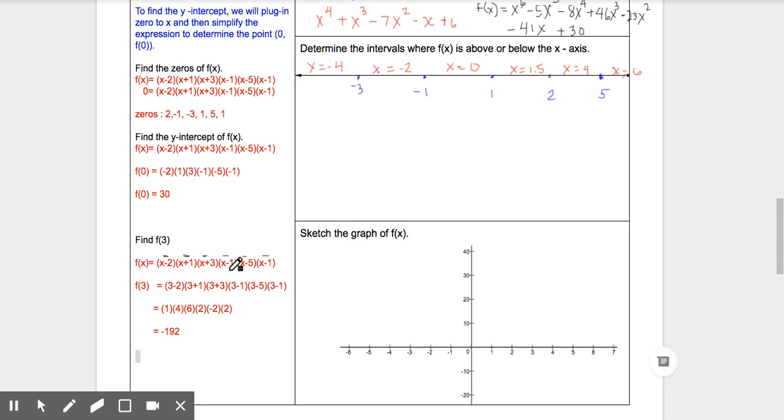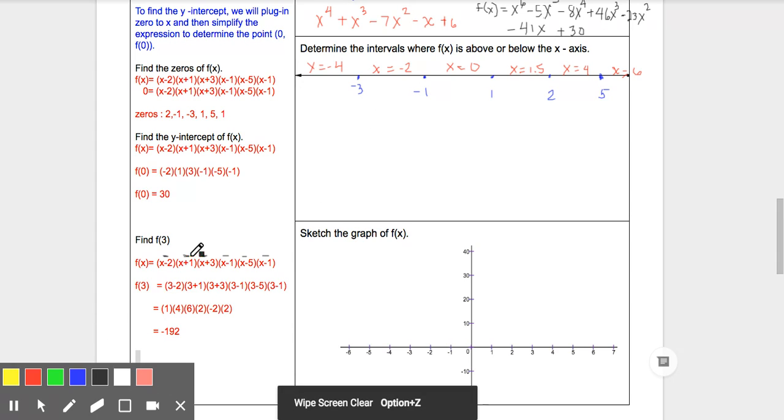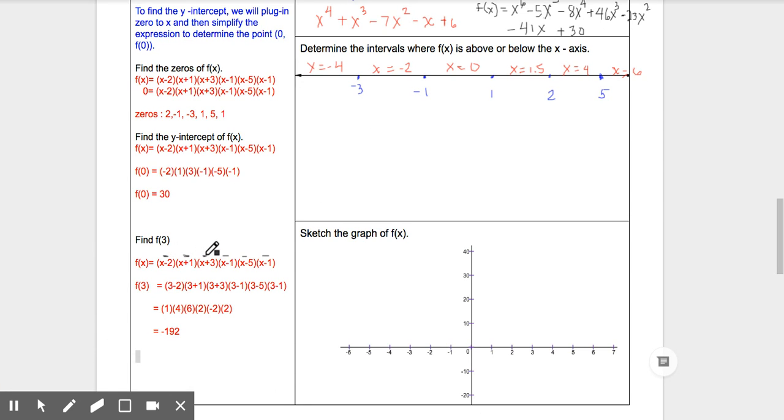So all of these factors will give us a negative number when we plug in -4. So we just multiply these numbers. Negative times negative is positive, times negative is negative, times negative again is positive, times negative is negative, times negative is positive. If we're multiplying an even number of negative numbers, the result is positive.